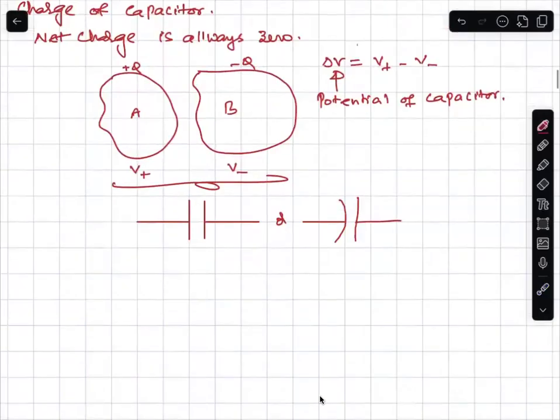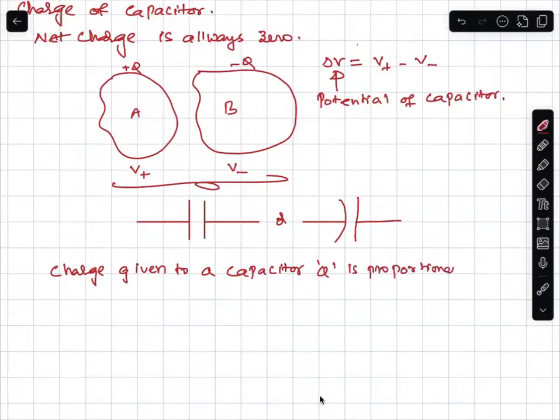So therefore, the charge Q given to a capacitor is proportional to the potential difference. You keep on giving charge, the potential keeps on increasing. It is the same as taking a long transparent glass and pouring some water in it.